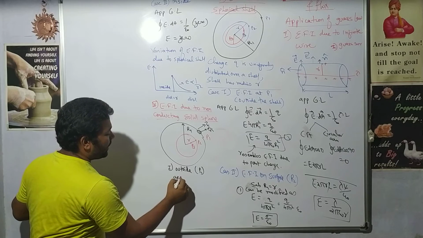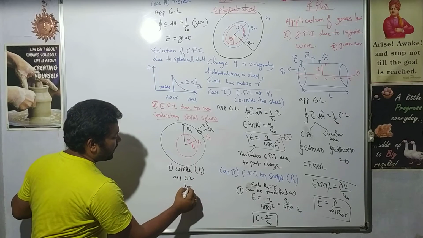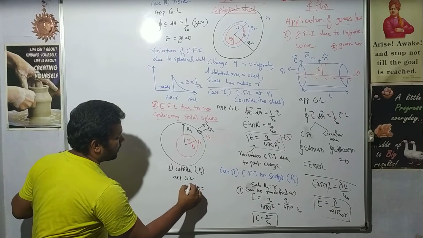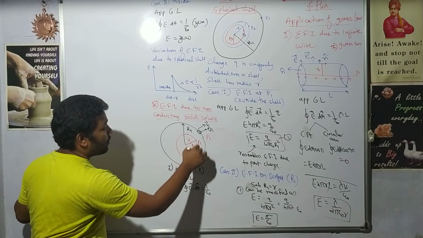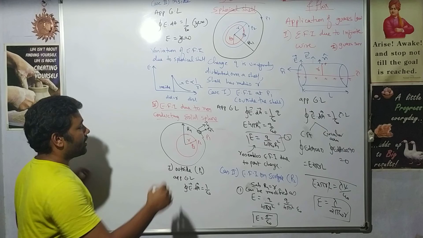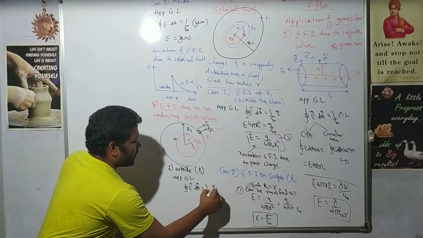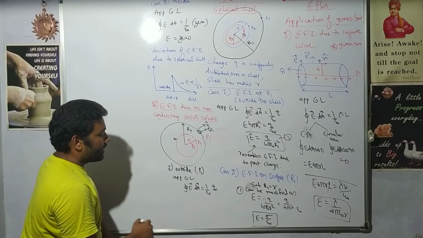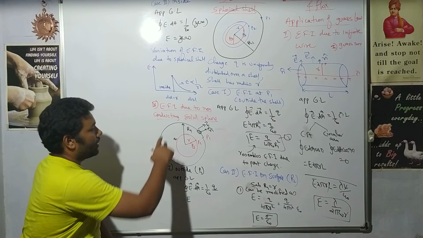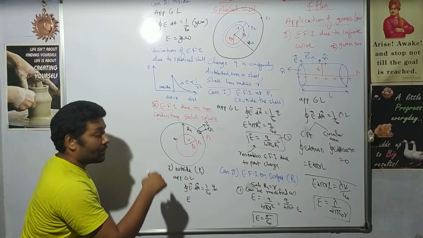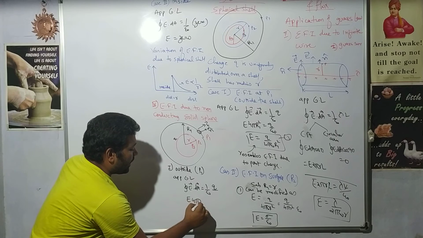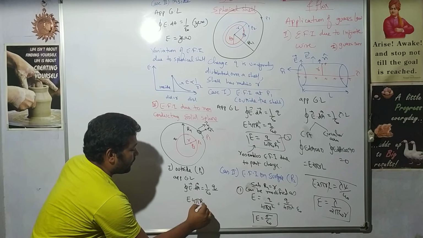So again, applying Gauss law, the integral of E dot dA is 1 upon epsilon naught times the charge enclosed. How much charge is enclosed by this sphere? Let us say the sphere has some charge Q. So charge Q is enclosed by this sphere. Now simplifying for the electric field: what is the area of this sphere? Area of this sphere is 4 pi R1 square.